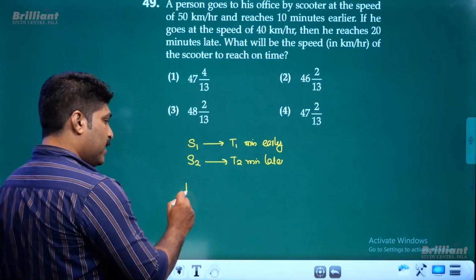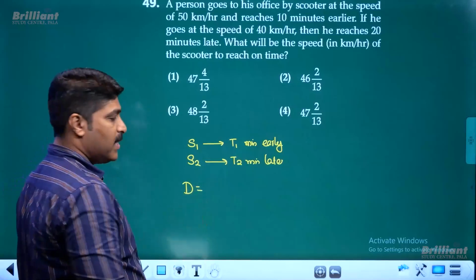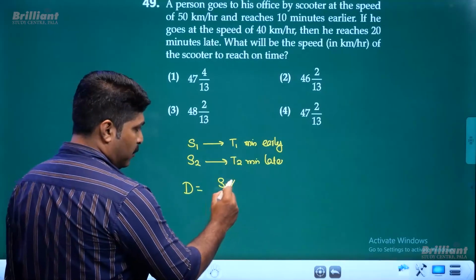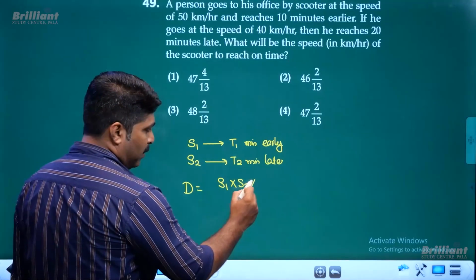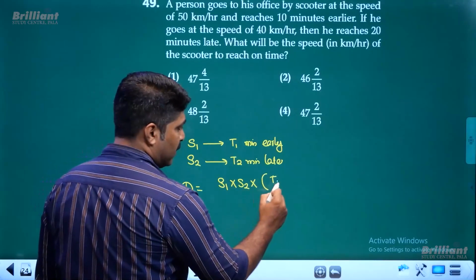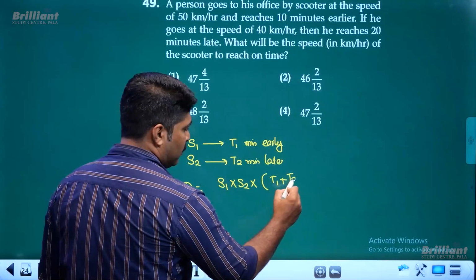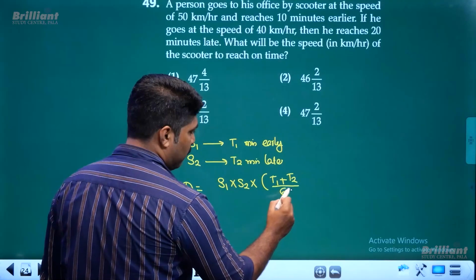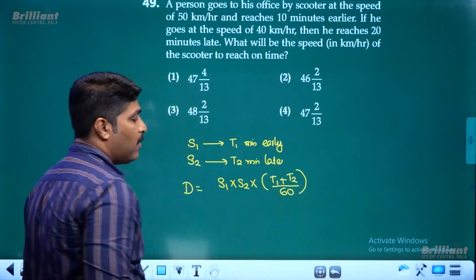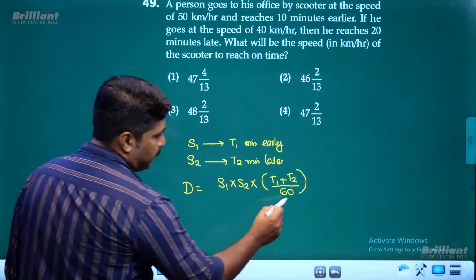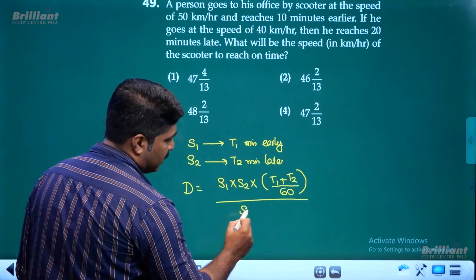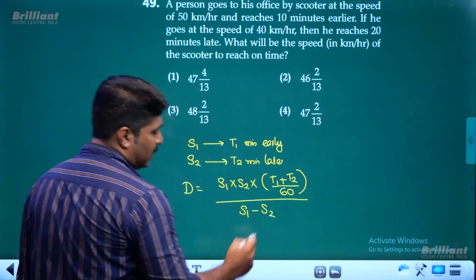If we need to find the distance, that's simply S1 into S2 into the time difference, that is T1 plus T2 by 60, divided by S1 minus S2. Don't forget by 60 because we have to express it in hours. This is the first result.